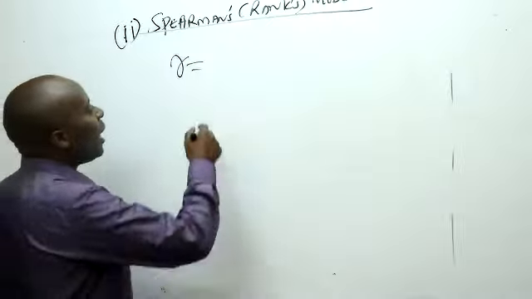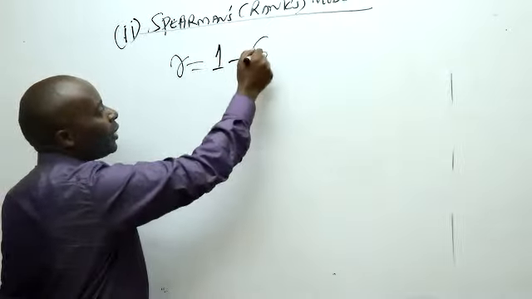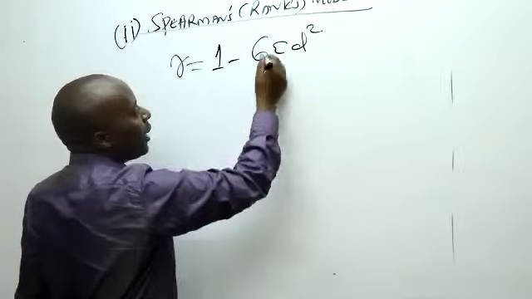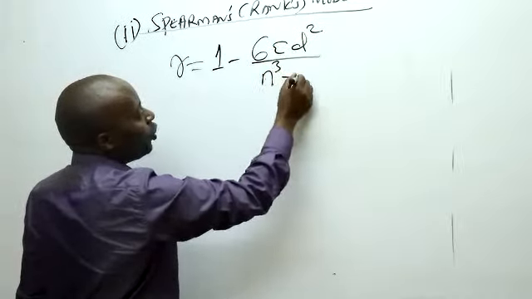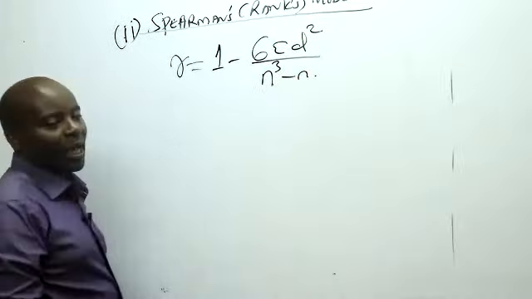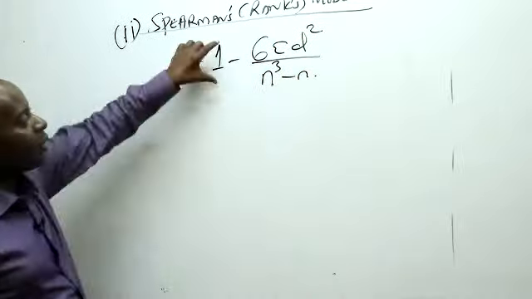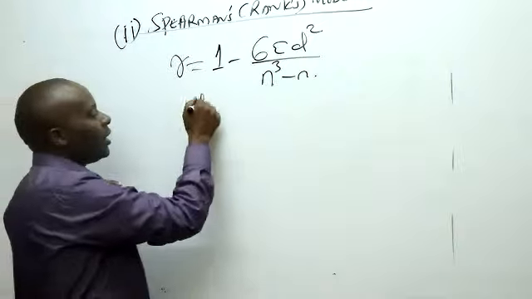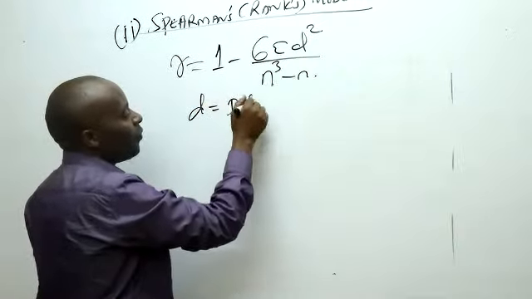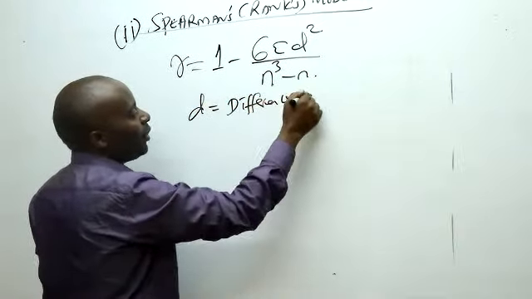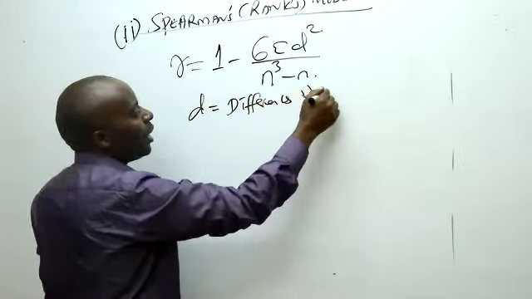So then our R will be 1 minus 6 summation of d squared all over n cubed minus n. And then remember that this one is independent. So we have this d representing differences between ranks.